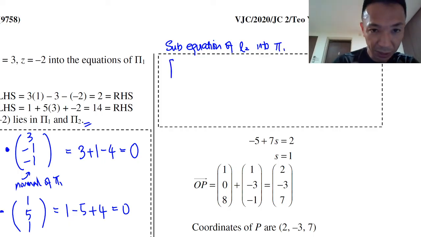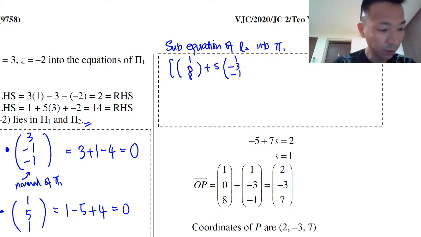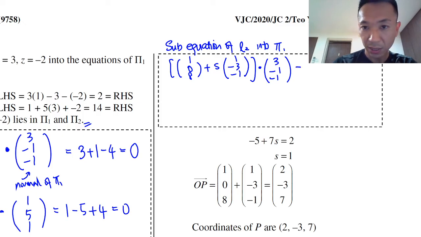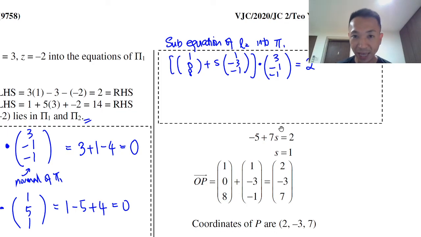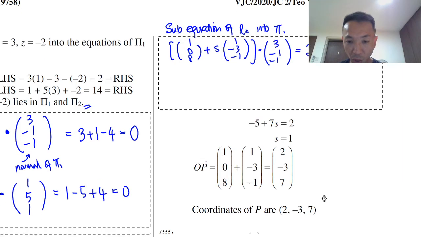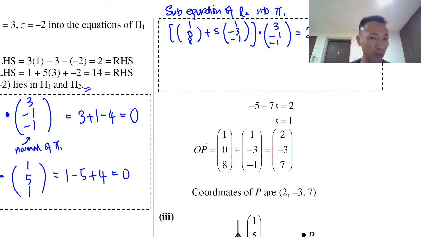It is given, which is r equals 108 plus S times (1, minus 3, minus 1), dot (3, minus 1, minus 1) equals to 2. This part is the equation of L2. You substitute into the equation of pi 1 equals to 2. The objective is to solve for S. You get S equals to 1, you substitute back here, and you will get the coordinates of P. I think that's easy, intersection between a line and a plane.